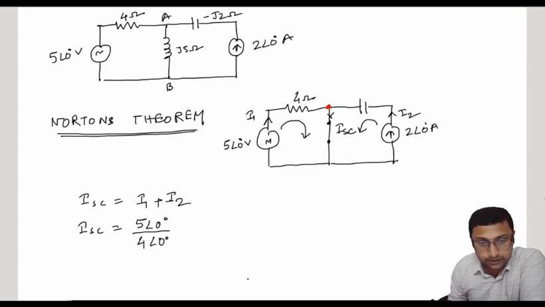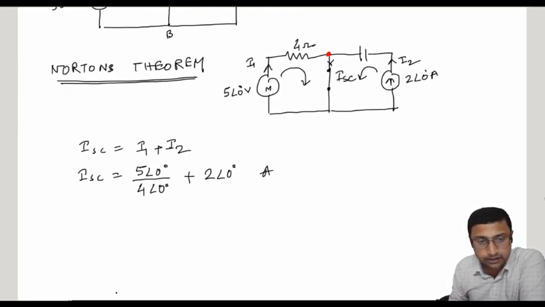And I2 is similarly simple, because here it is actually the current source. That means this current is simply flowing through the short circuit terminal, so it is 2 at an angle 0 ampere. This is in ampere, right?